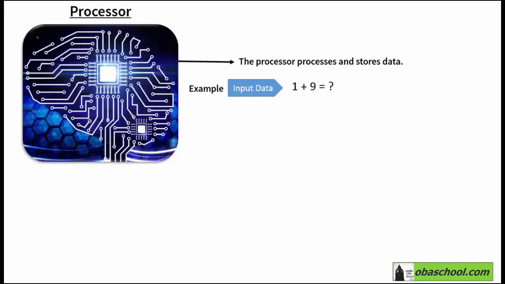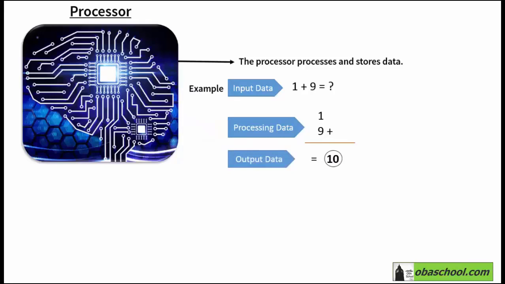We gave the computer, the processor basically, the task to solve 1 plus 9. This was our input data. Now what the computer has to do is to process the data and give us the output data, which is basically the result to our input, which was 1 plus 9, and the output data was 10. This is just a brief example for you to know how the processes work.